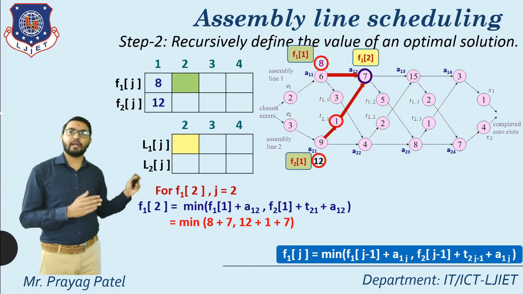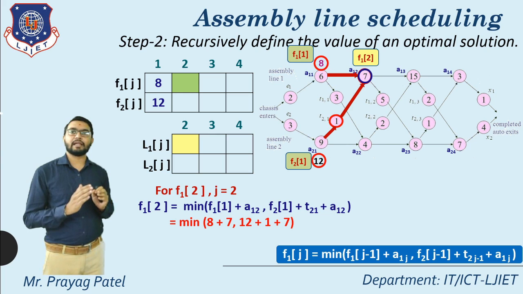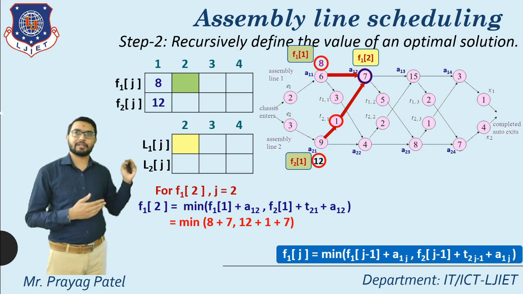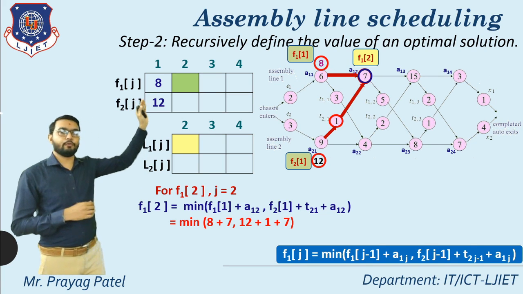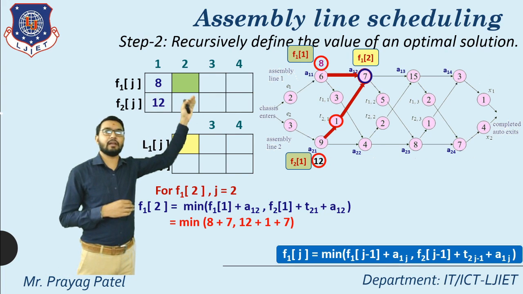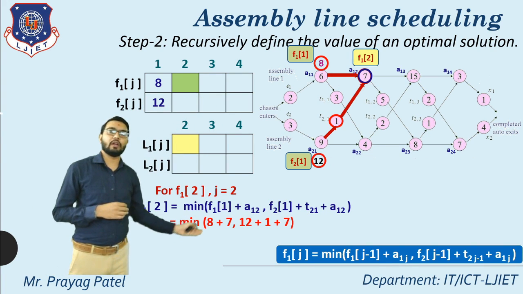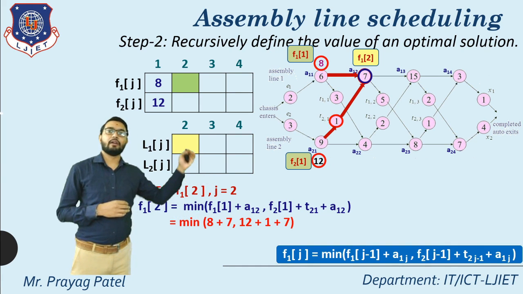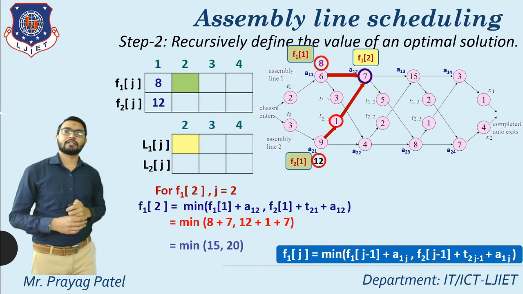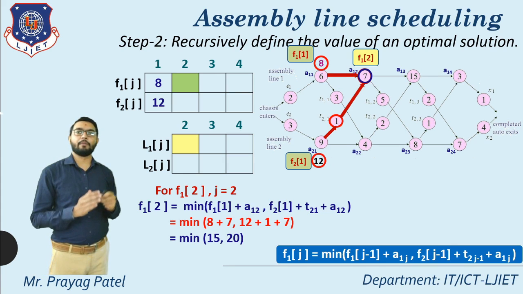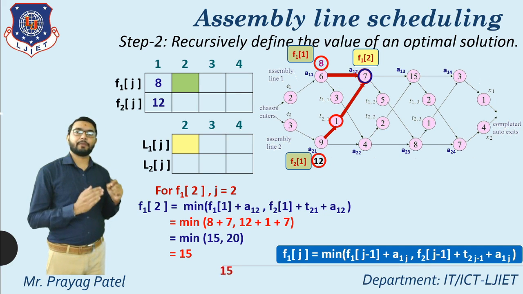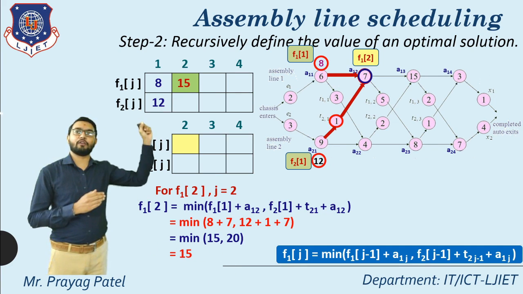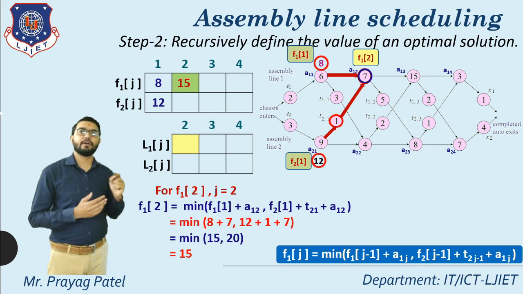So in this way you find the value as minimum of 8 plus 7 as the first part, and from the second part, 12 plus 1 plus 7. So total is minimum of 15, 20. What is the minimum value? 15. So consider 15 as the final answer and put the value 15 at location F12.